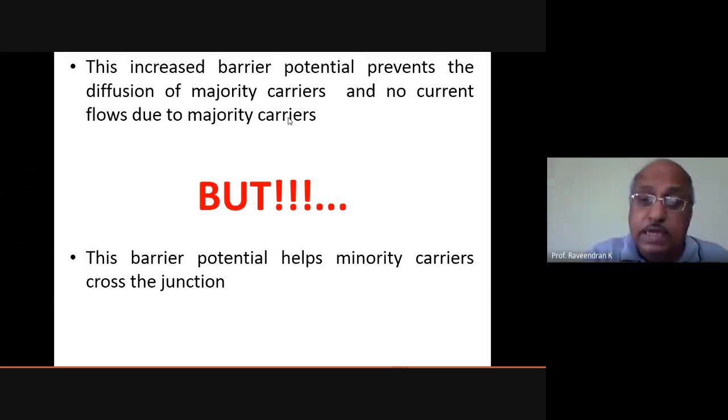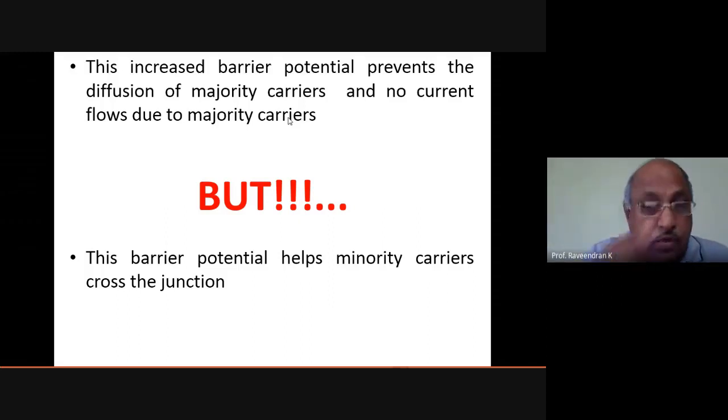That current across the PN junction is due to the minority carriers, and hence it is called a leakage current, because the device is now reverse biased. There is no effective flow of current through the junction.